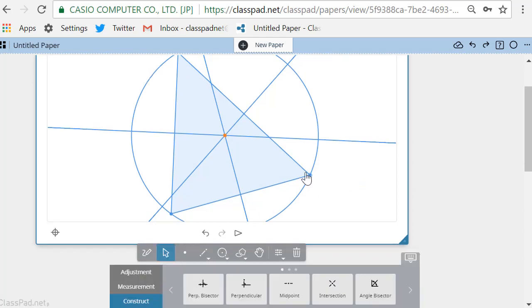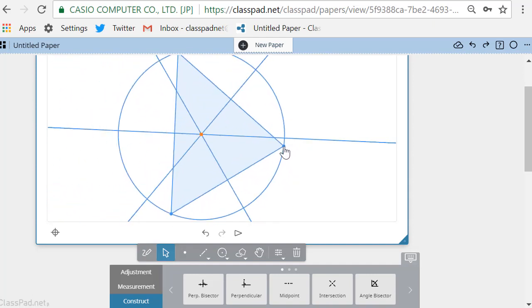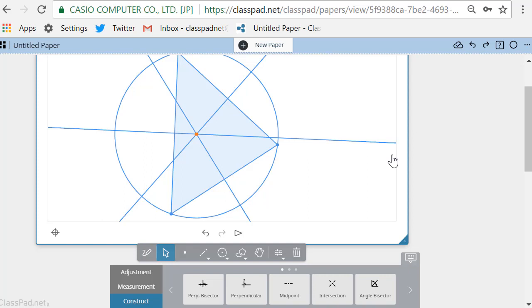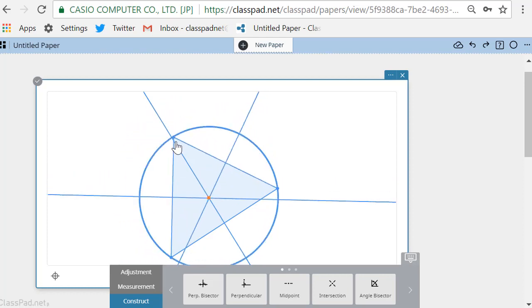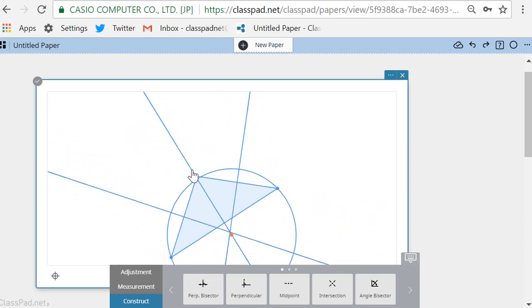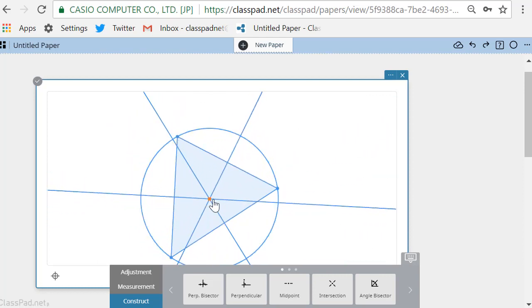This remains true no matter how I change the original triangle. Let me show you, as I move, that triangle is always inside that circle. So this circumcenter has a circle that circumscribes that triangle. So that's sort of where it's getting its name.